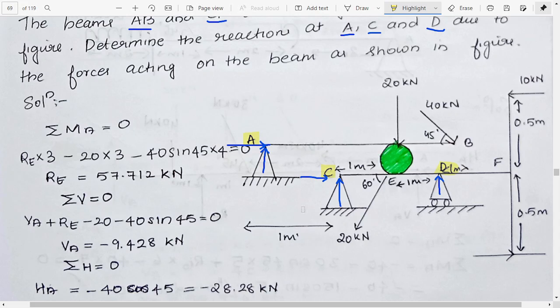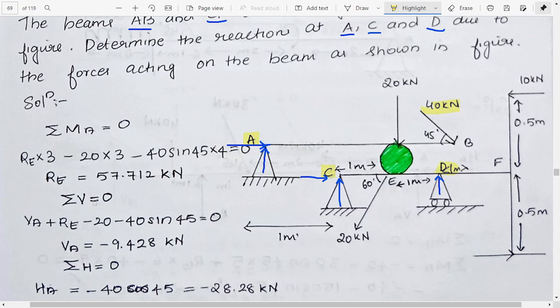Okay, so RE into 3 minus 20 into 3, because this is 1 meter, then here we have another meter, so totally it will be 3 meters. So 20 into 3 minus 40 sine 45 into 4, because this angle is saying about this angle, it is equal to 0. From that we will get the value of RE.